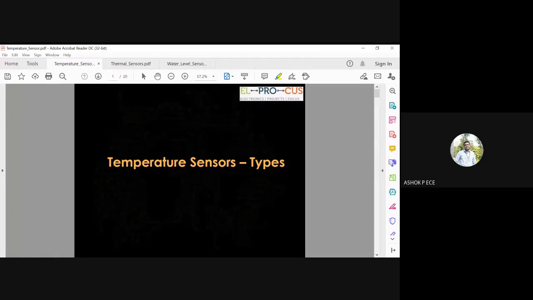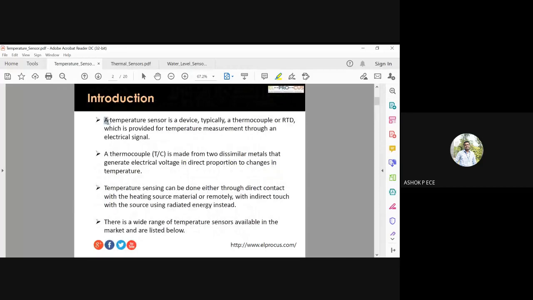It is typically a thermocouple or a resistance temperature dependent device, which provides an electric signal for the temperature measurement. All sensors in general cannot directly display temperature or pressure or volume.